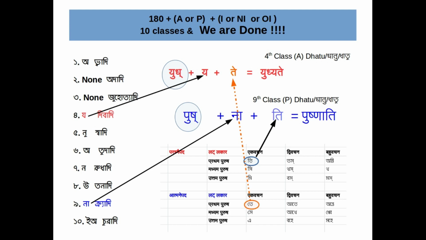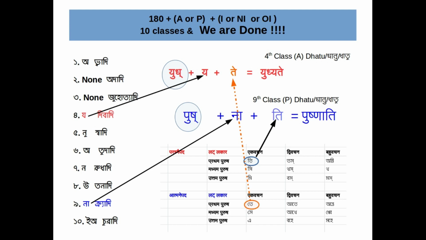See how easy the formation is. We know yud is in 4th class. 4th class inserts a ya, and we want to use it in present tense, which is lat, and we know yud is atmanepada. So we use the ting vibhakti te to form the word yudhyate.